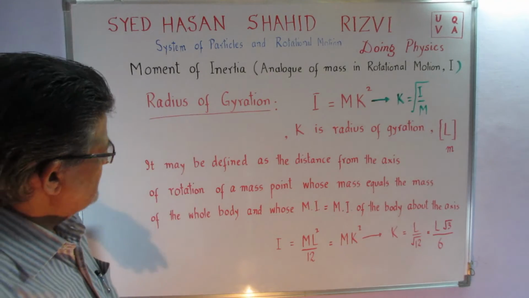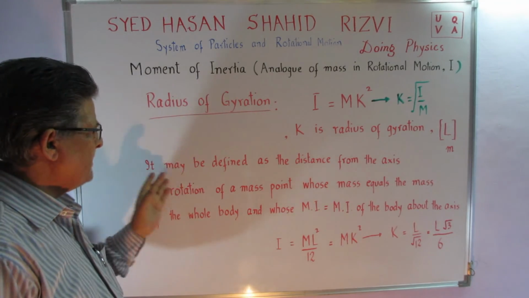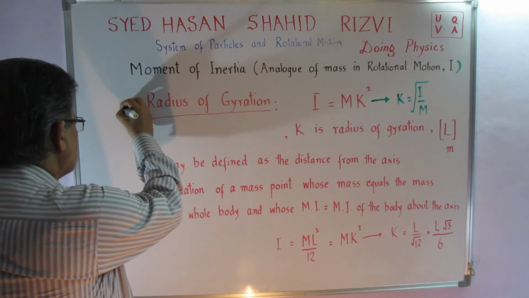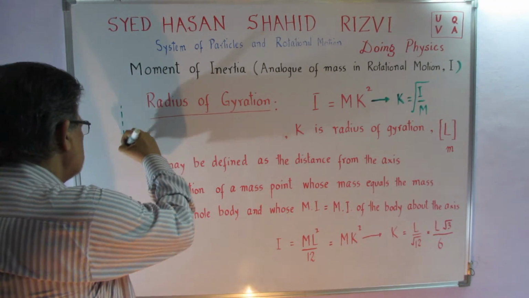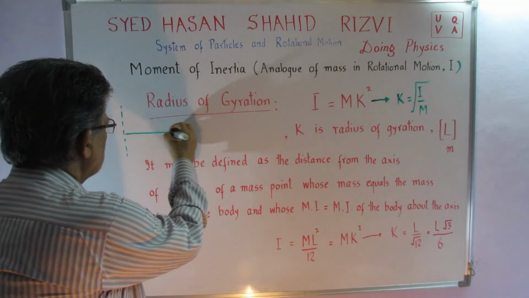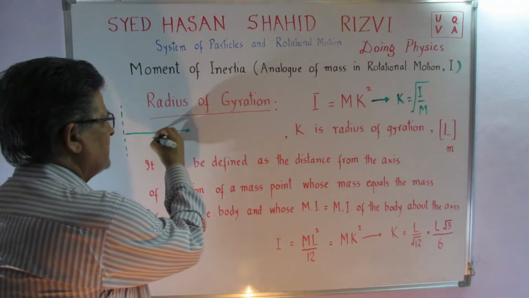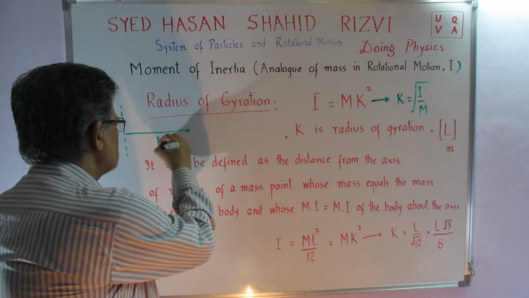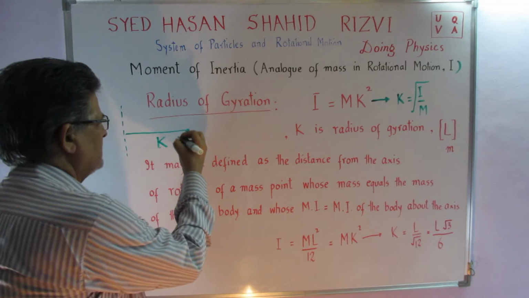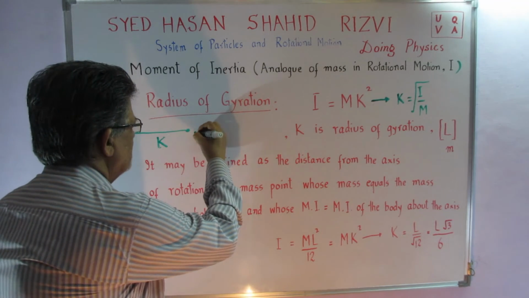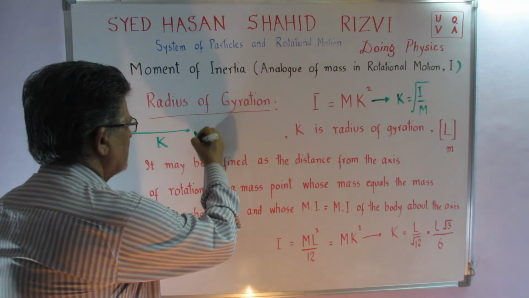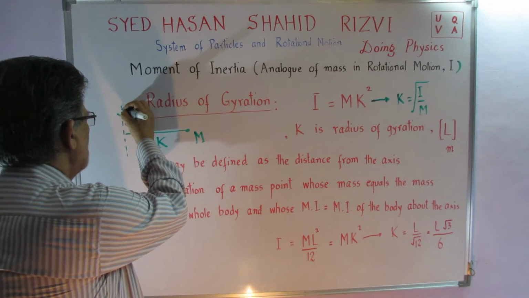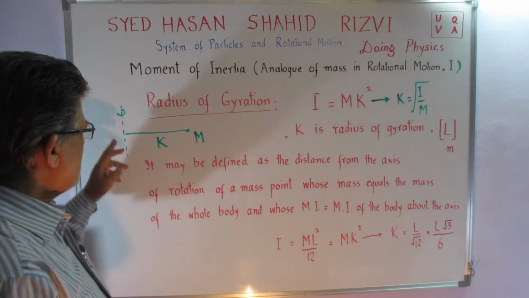So for example, now let us define it. It may be defined as the distance from the axis of rotation. We define the axis of rotation, which is important, and there is a distance which we call k, and we consider that the entire mass of the body is concentrated at this point m, which is away from the rotatory axis about which the rotation takes place, by a distance k.